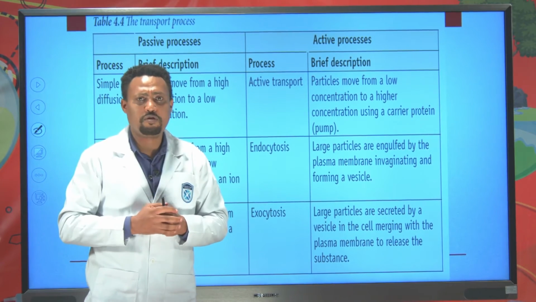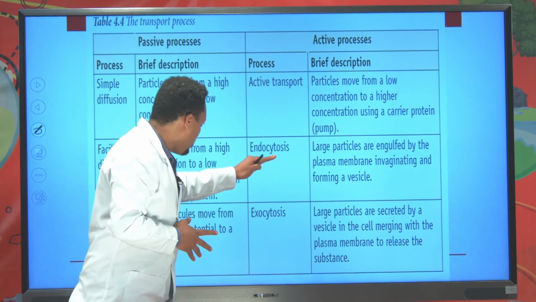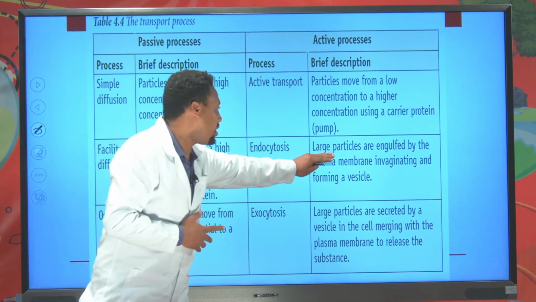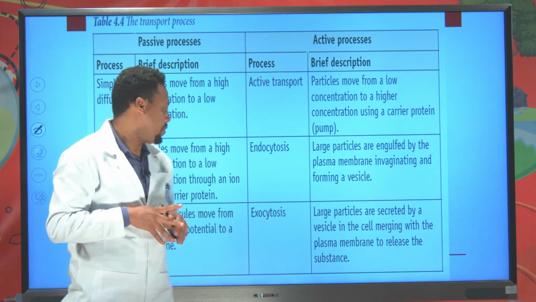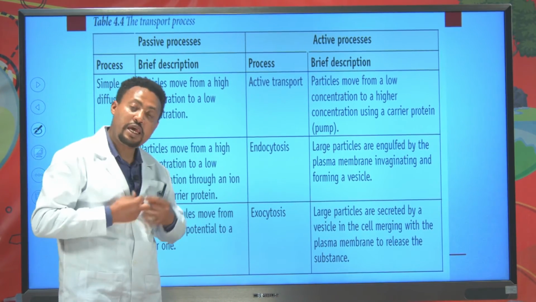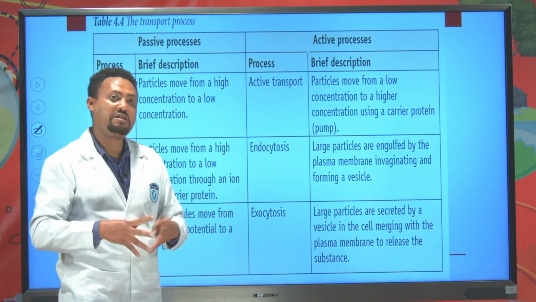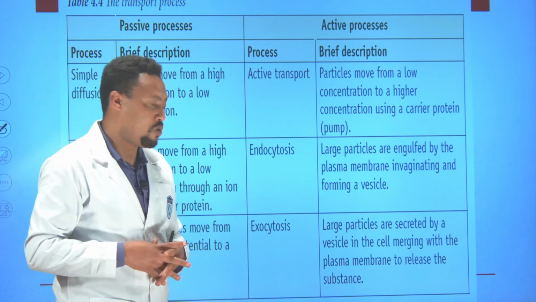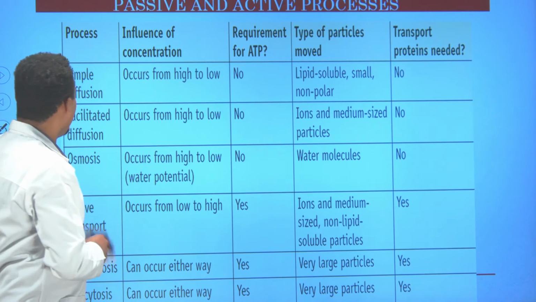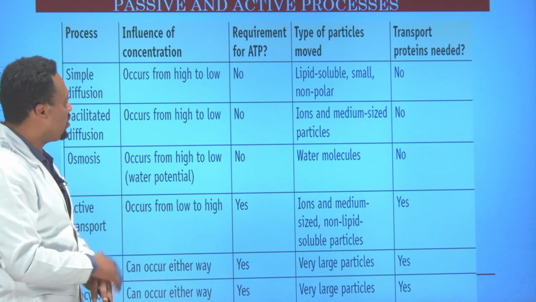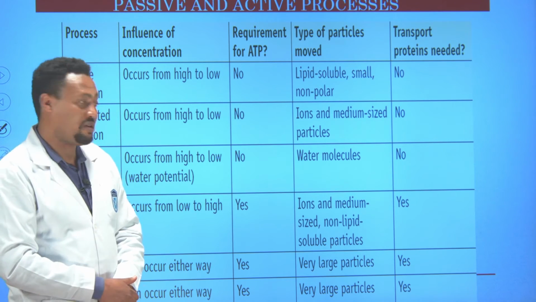It could be done by different mechanisms, but this also requires energy because they take larger particles into the cell. And exocytosis, when a cell removes or excretes some things like enzymes, waste products, hormones, okay? So the cell has to do such kind of mechanisms in order to transport materials.